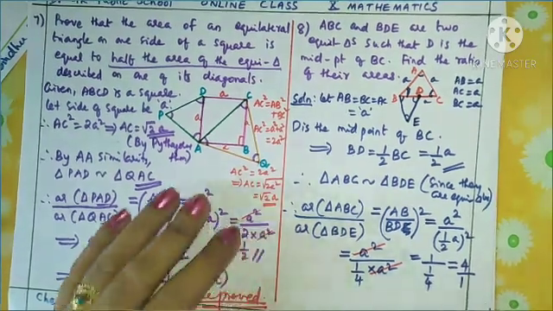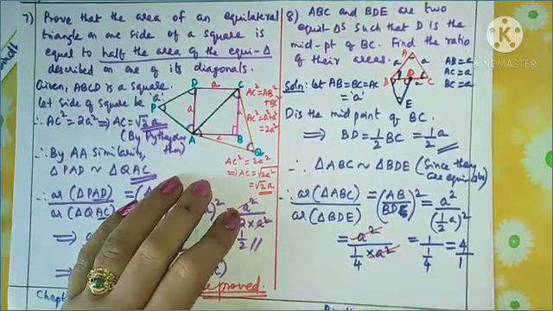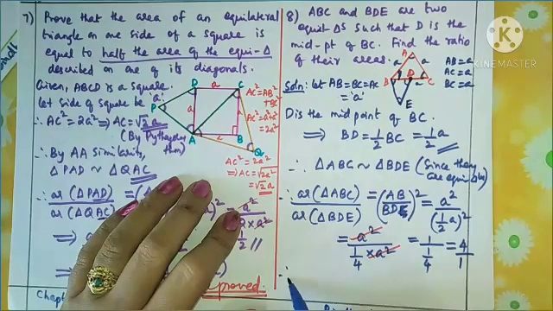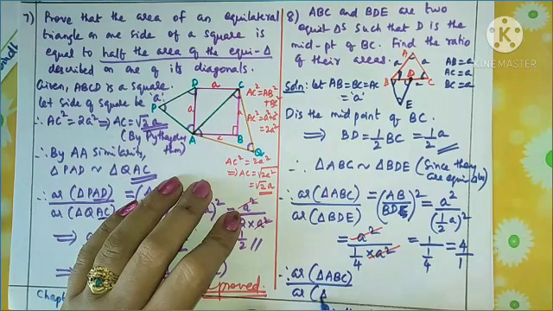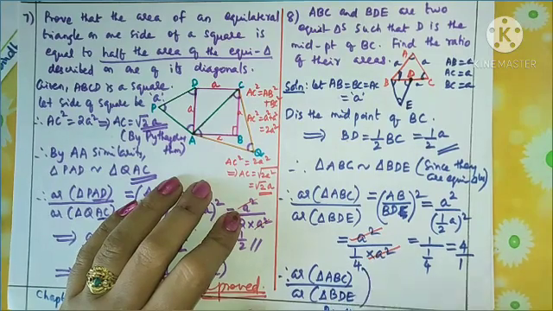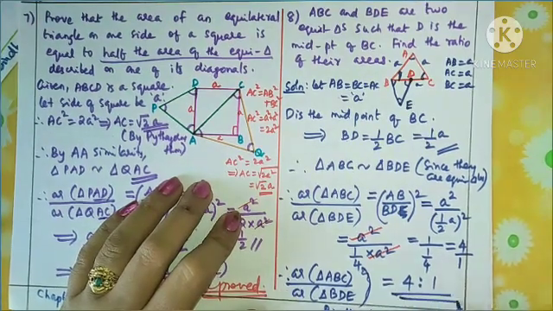Understand? So we got the ratio of the areas of the two triangles as 4 by 1. Therefore, the ratio of area of triangle ABC to area of triangle BDE is 4:1. So that is the answer.